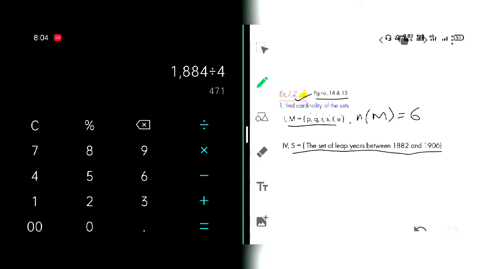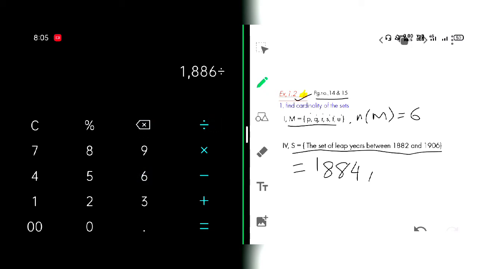So 1884 is a leap year. Let me check the other years also. 1885 is not exactly divisible by 4, it has the fractional value .25. So 1885 is not a leap year.